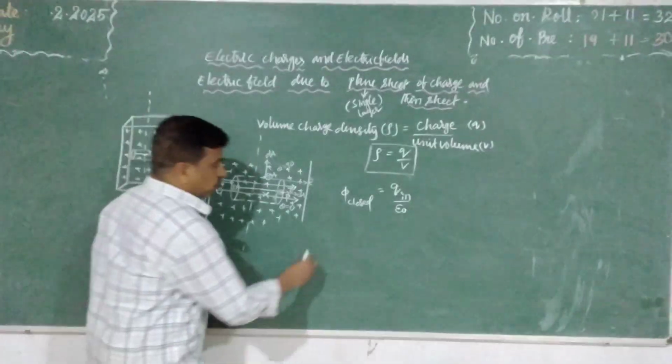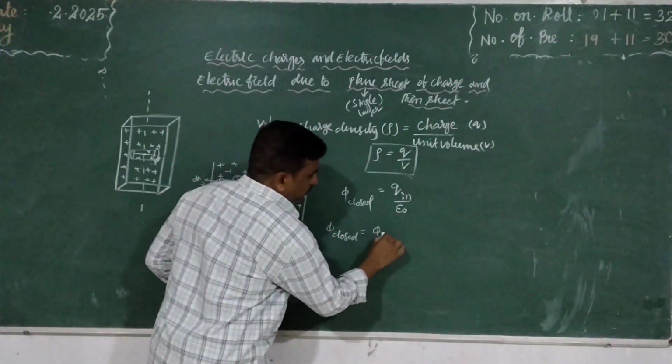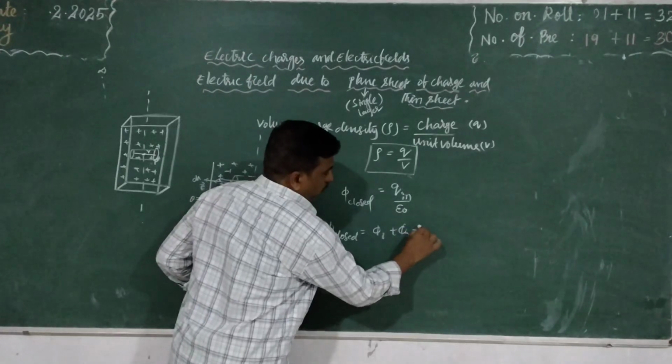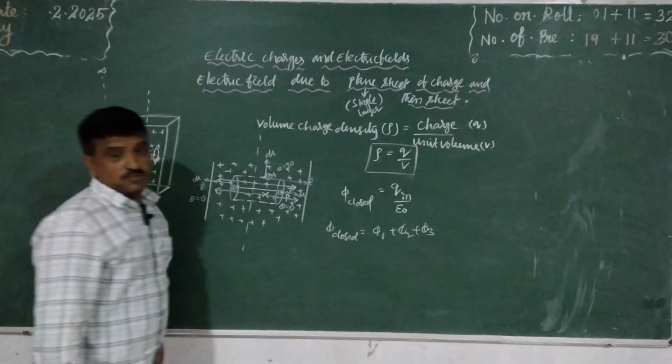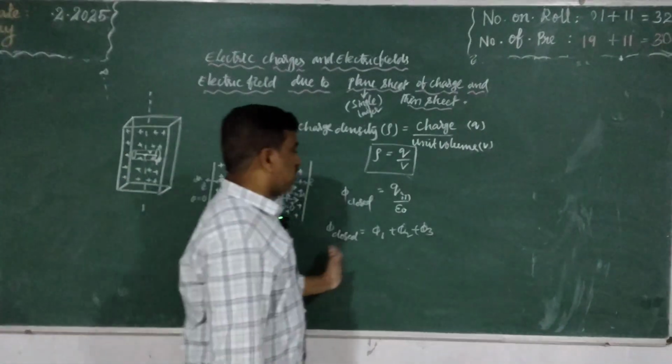So the flux through the closed surface equals phi 1 plus phi 2 plus phi 3: flux through the first surface, the second surface, and the third surface.